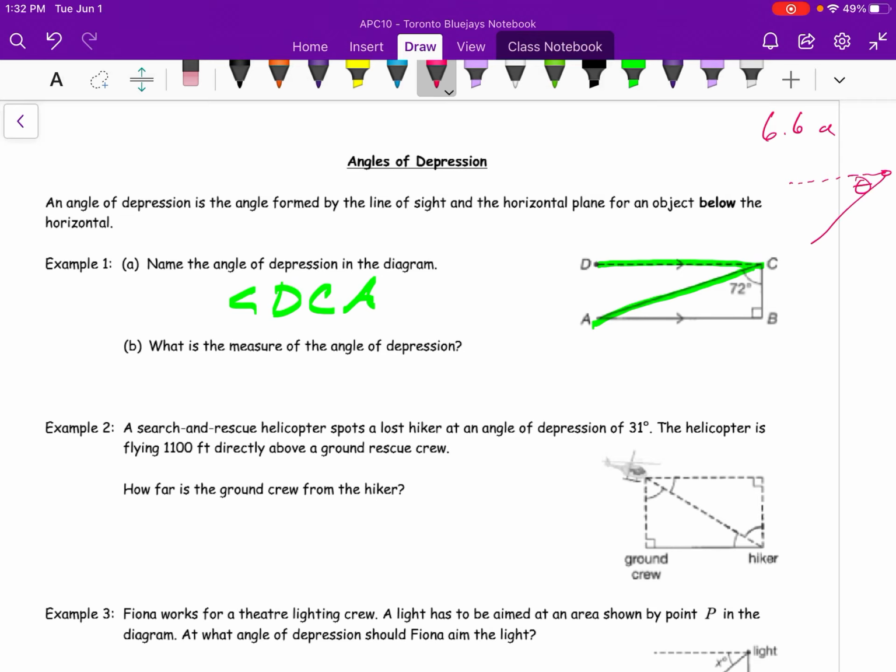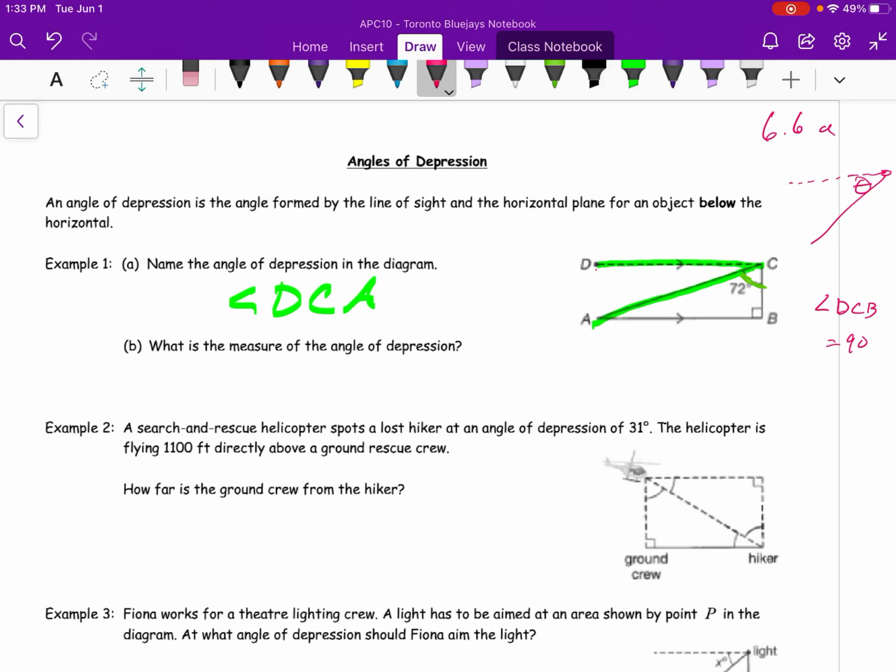There's two ways to think about angles of depression. First way is we could simply make a vertical line to the horizontal so that it forms a right angle. Okay, take that back. You could, but that's not where I'm going. What we're going to do is acknowledge that angle DCB is 90 degrees.